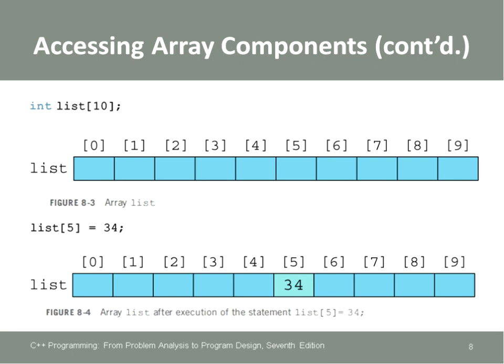This is pretty much the same explanation that I summarized earlier. So you have an integer array of 10 items. Look at the 10 items. The number 10 refers to how many items you have.